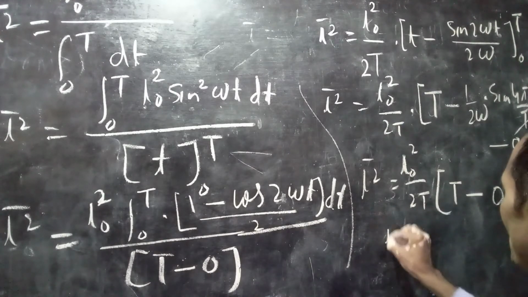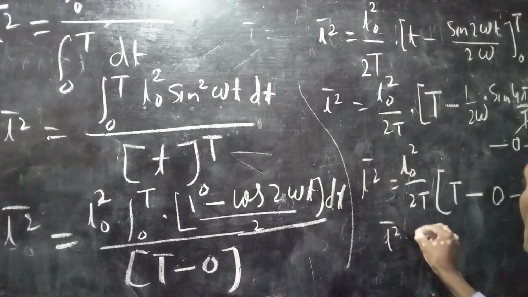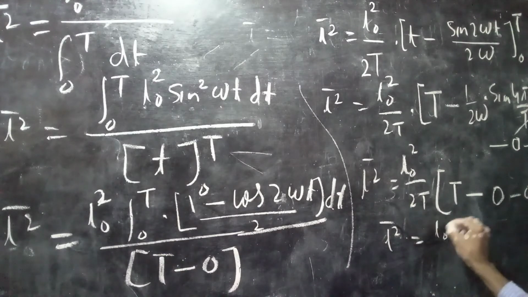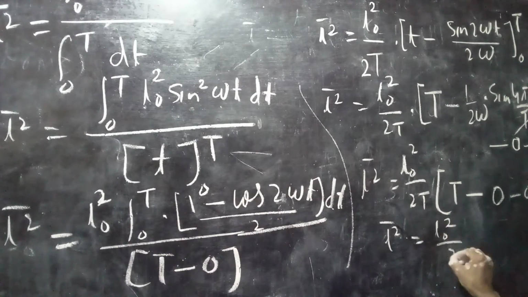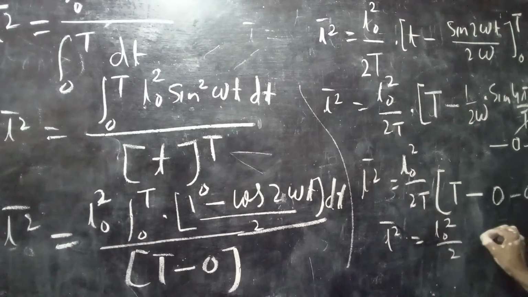You get I square bar equal to I0 square upon 2, and the 2 cancels. So this is the mean square value of alternating current.